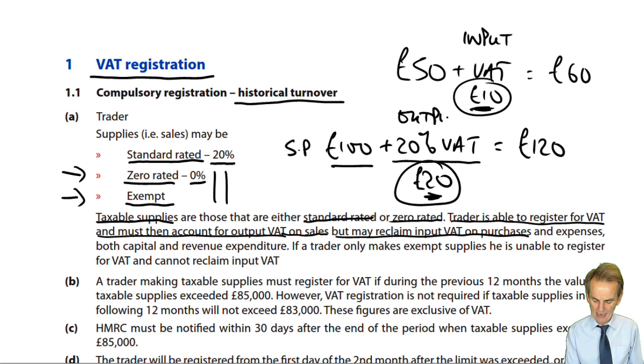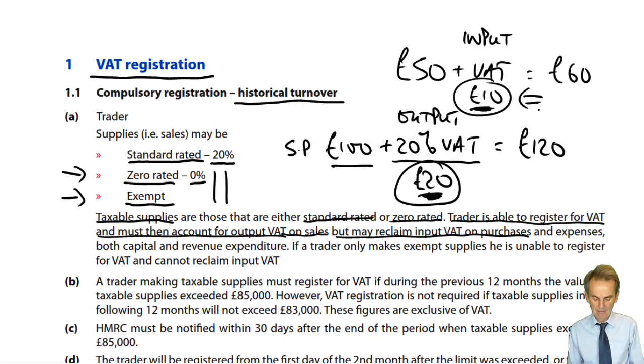We'd have charged output VAT on the sale of £20. Therefore, the £20 that we would have otherwise owed to HMRC is reduced by the £10 of input VAT that we have suffered on our costs, and therefore the amount due to HMRC is £10, 20 minus 10. So for a VAT return period, we take the output VAT minus the input VAT.